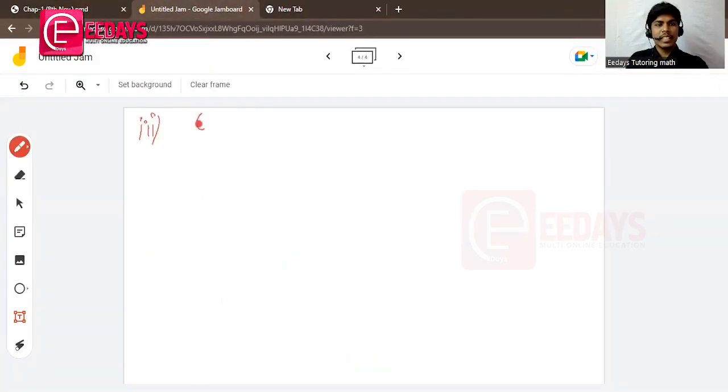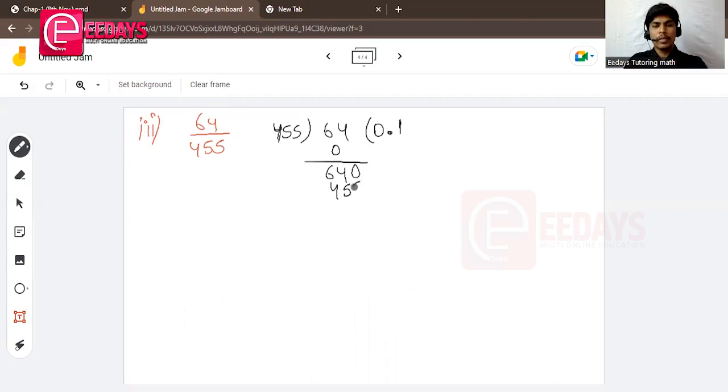All right. 64 by 455 is the question. 64 by 455. Let's do some steps, then you can understand. Okay, 455, 64. If you multiply with 0, you'll get 0 here. 64, put a point, so you'll get 0. 455 1s are 455.